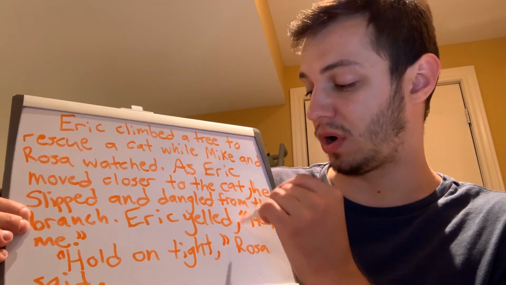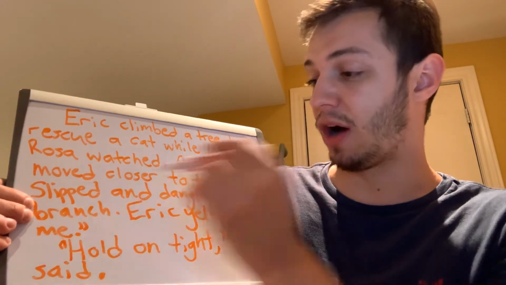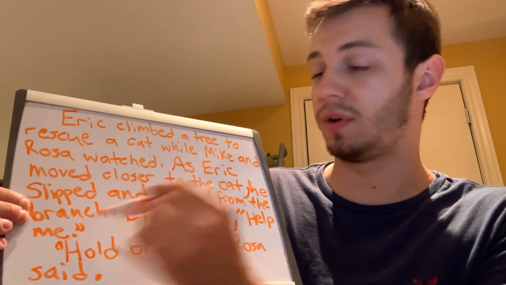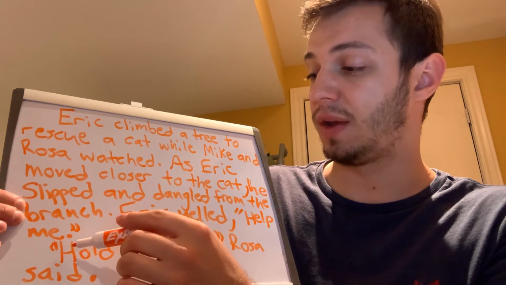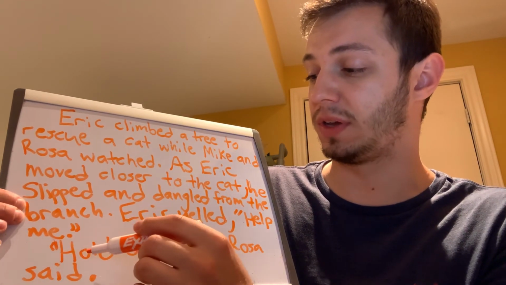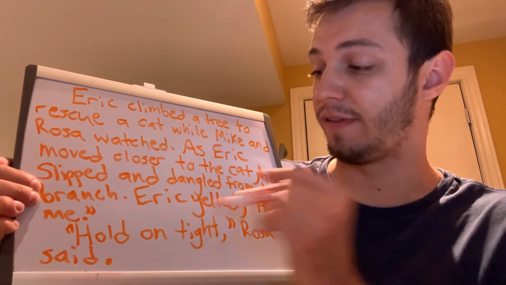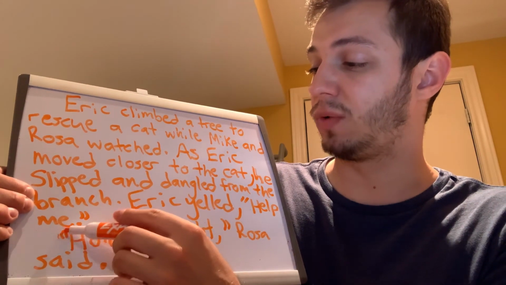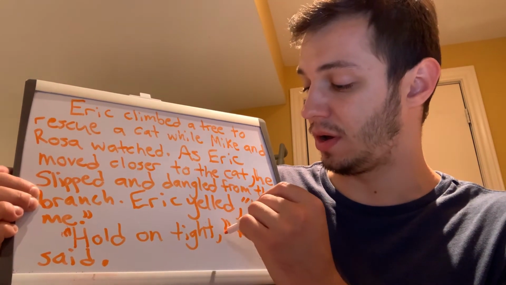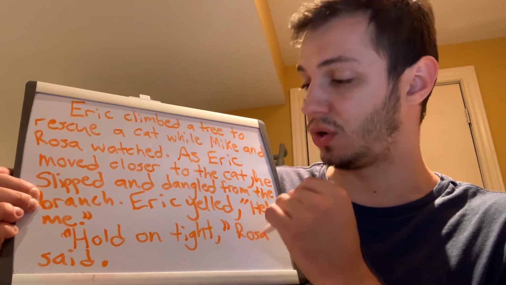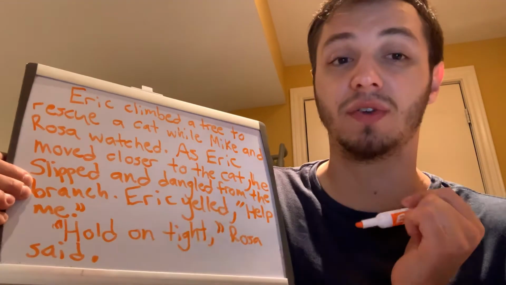Eric yelled, comma, quotation marks, help me, period, closing quotation marks. And then we have our next person speaking. So we have to start a new paragraph, indent it again. I have my quotation marks, hold on tight, comma, closing quotation marks, Rosa said, period.